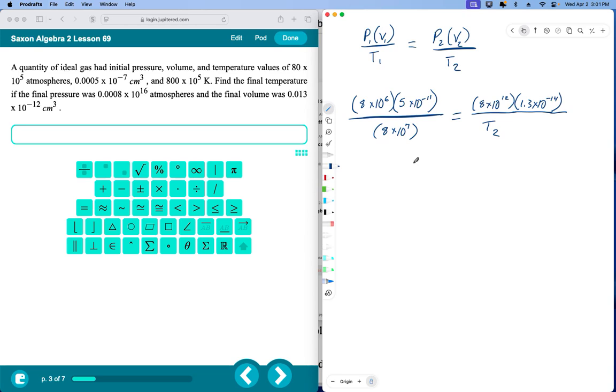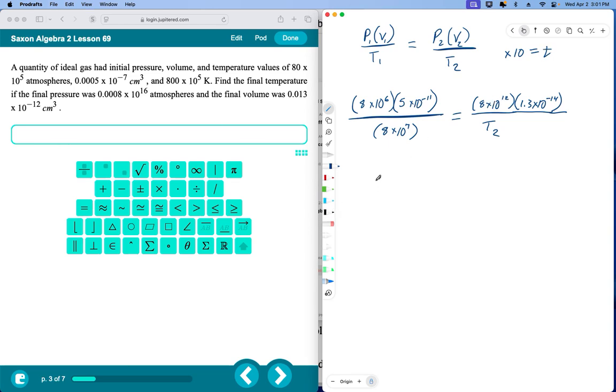One of the ways that makes it easy for me to solve these, and I don't want to confuse you at all, is that I like to think of times 10 as a base, like a variable with an exponent. So instead of writing this out every time, I substitute in the letter t.